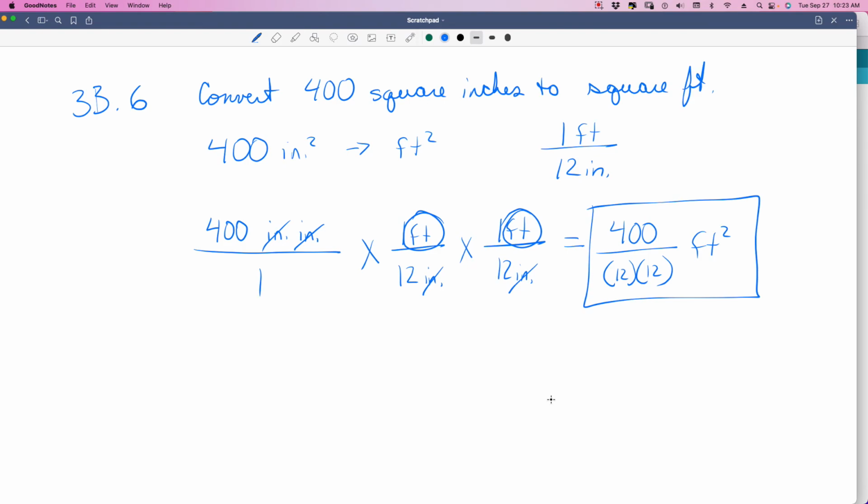That's the answer I want. This is an acceptable answer. Okay? And if you know your multiplication tables and you put 400 over 144, that's an acceptable answer too, but I might not have it in the system.